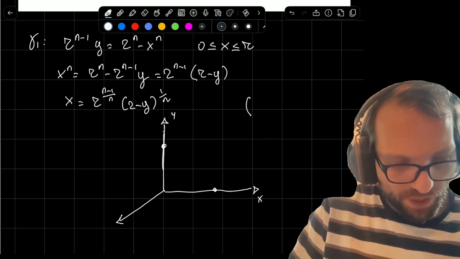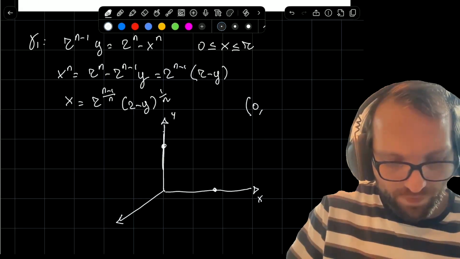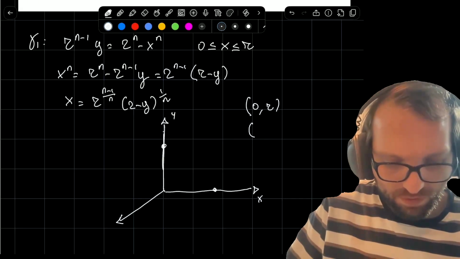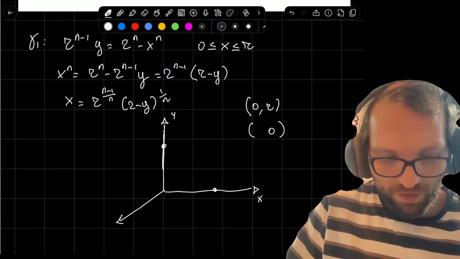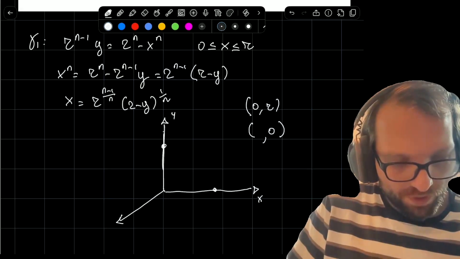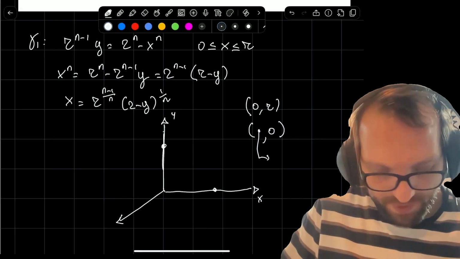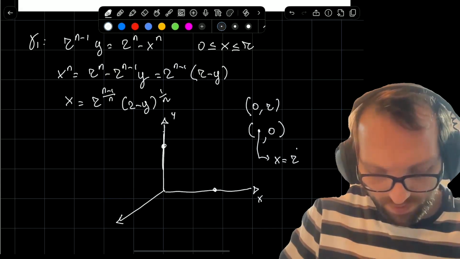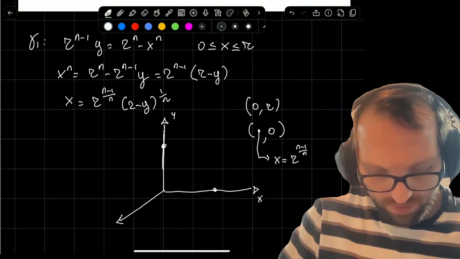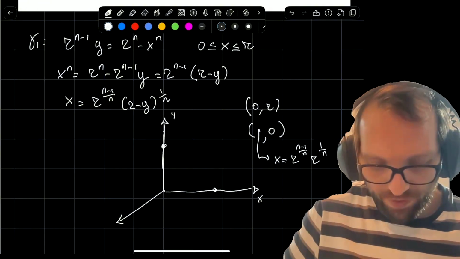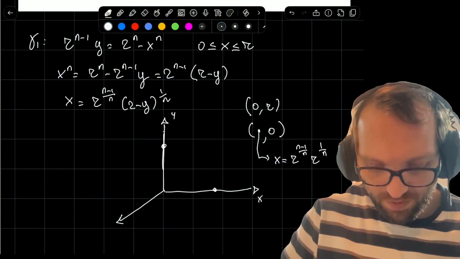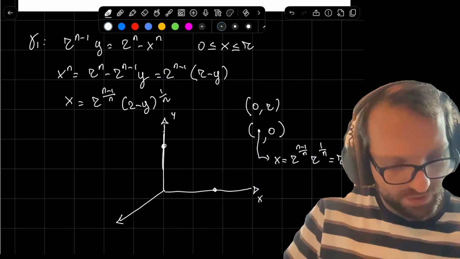If we put x equal to 0, we have that y is r, while if we put y to 0, x is going to be this expression here, which is r.